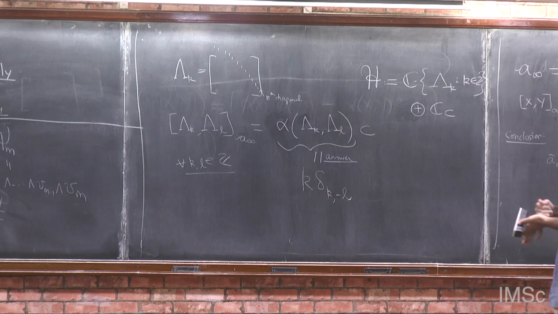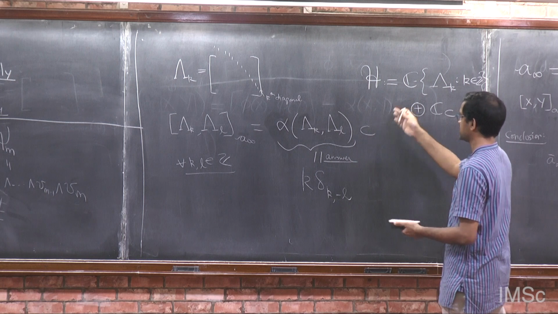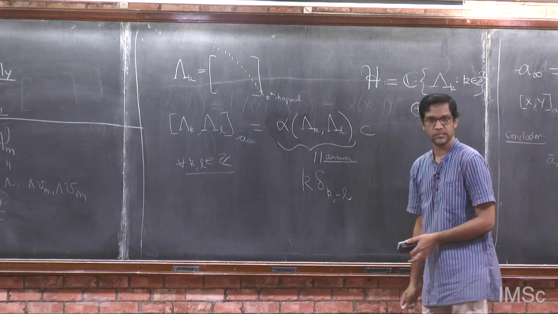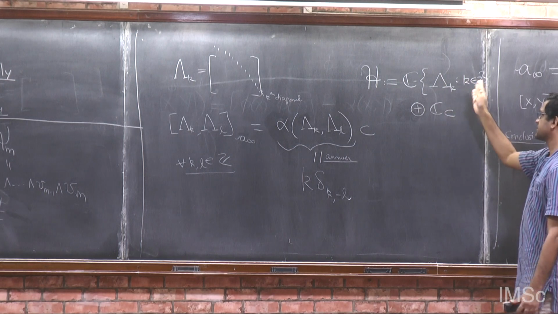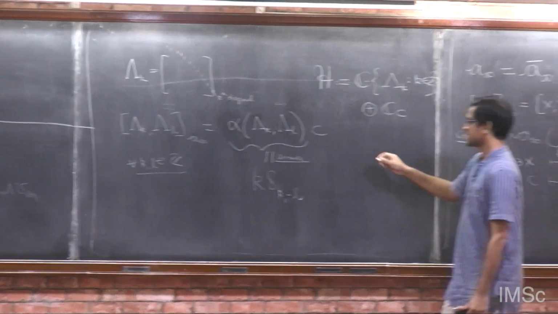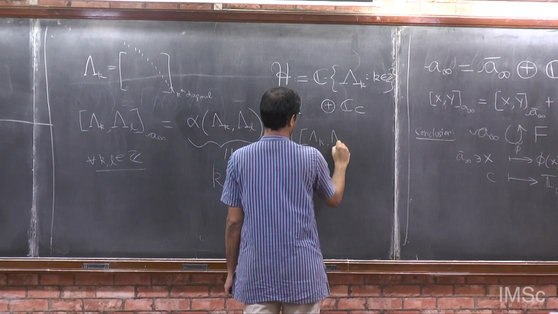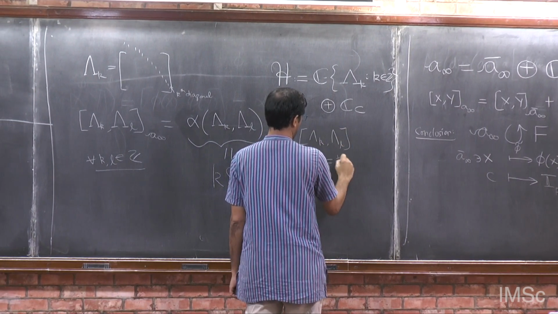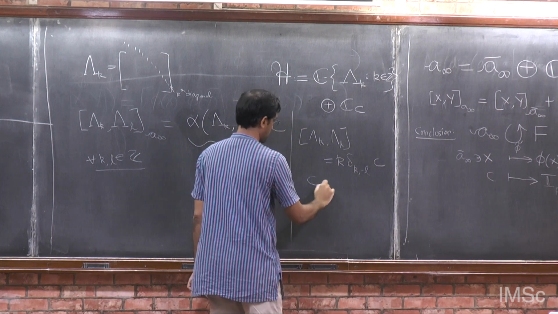Okay. So a Heisenberg Lie algebra, if you don't know what it is, this is exactly what it is. It's a Lie algebra with basis lambda k for k in Z and the central element C, with Lie bracket given by, for every pair, k times delta k minus L times C, and C is central.